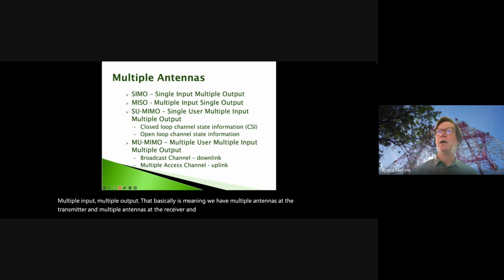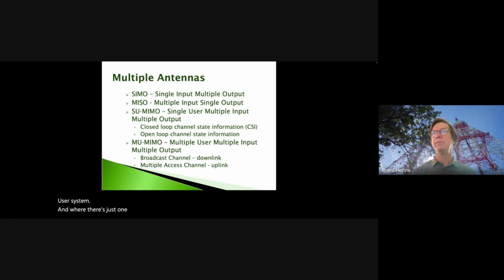And we can implement this in a single user system, where there's just one user at a time using this antenna system, or we can adapt this same kind of physical architecture for multiple users, okay, simultaneously, all at the same time.